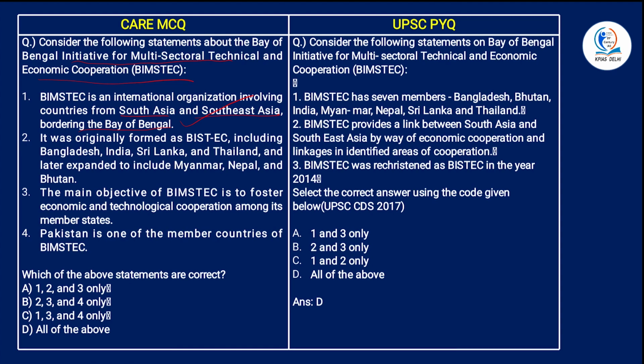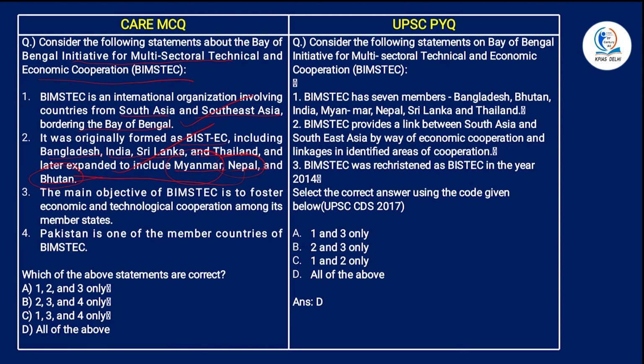It was originally formed as BIST Economic Cooperation, including Bangladesh, India, Sri Lanka and Thailand, and later expanded to include Myanmar, Nepal and Bhutan. Yes or no? Yes. The years are different. First Myanmar got added, then in later stages, in 2004, Nepal and Bhutan got added. So the statement also stands true.